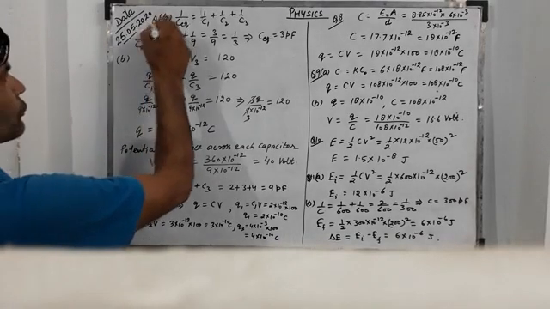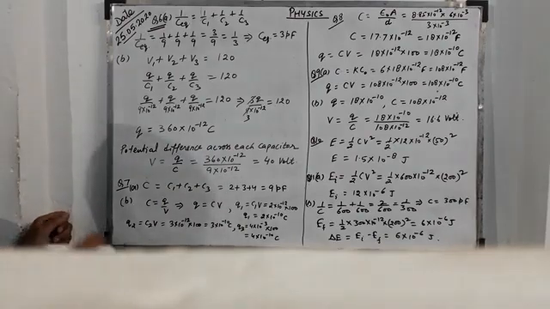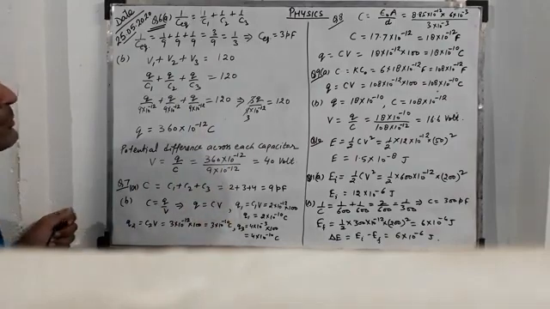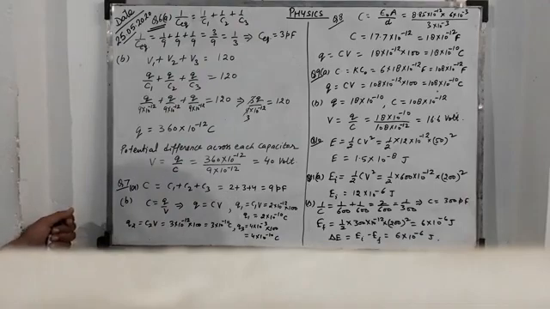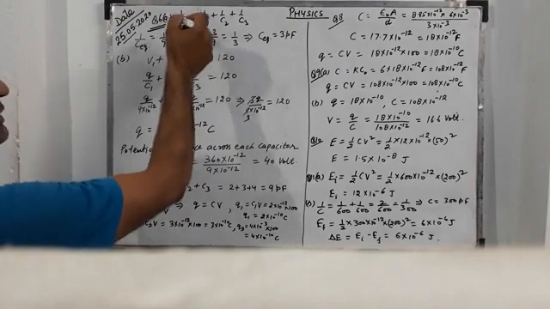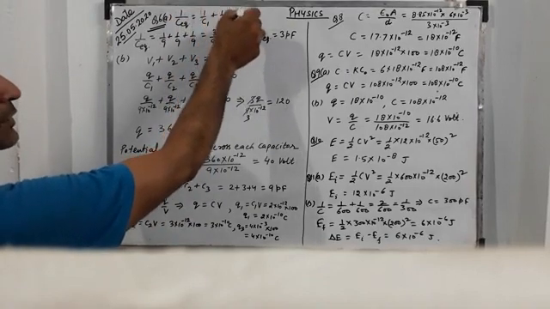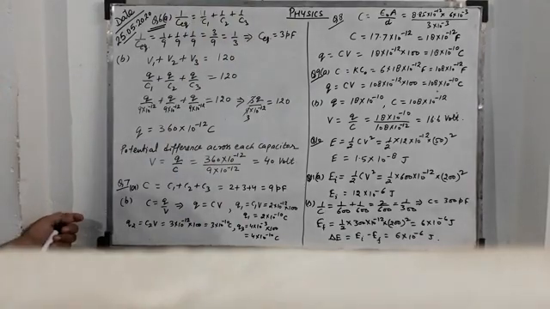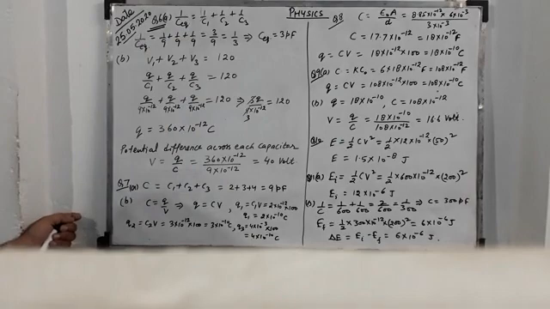Okay. So, question number 6 is saying that there are three capacitors of equal capacitance 9 picofarad and they are connected in series. Okay. So, the formula for series combination is 1 upon C equivalent is equal to 1 upon C1 plus 1 upon C2 plus 1 upon C3, because the value of all the capacitors is equal.